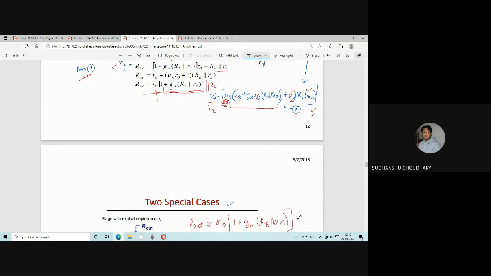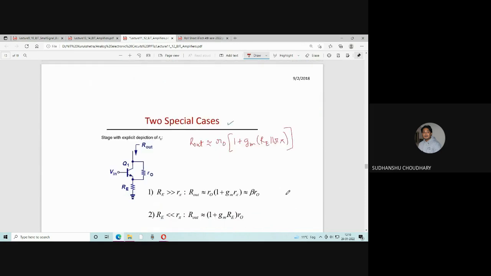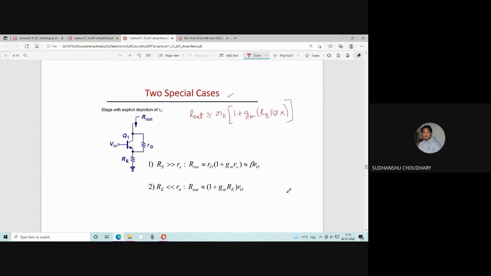So without RC we are only writing. Now there are two things to remember in this output impedance when Va is less than infinity.